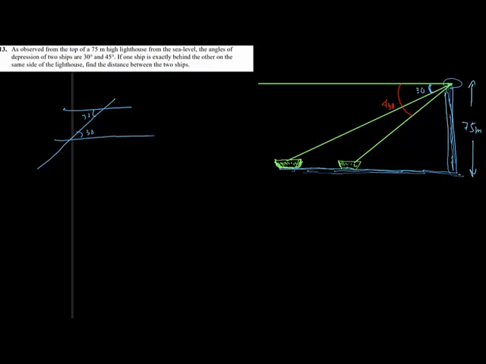I'll just show it in yellow. There's a line here, and the green lines are cutting this yellow line like this.